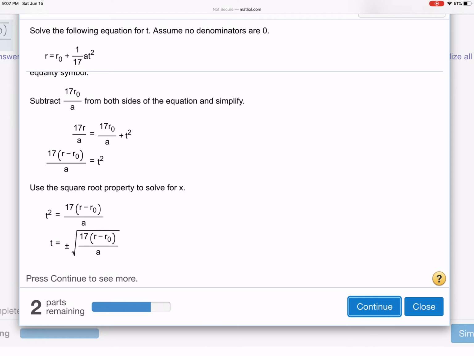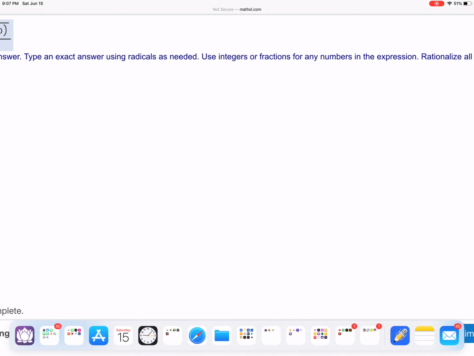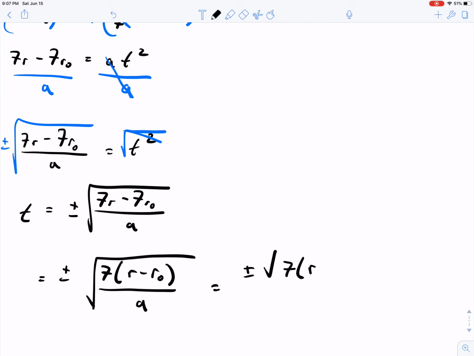So what's on the other one? Wait a minute. Oh, they rationalize. Okay, I see where I'm making my mistake. The way I have the answer, this is actually the same as plus or minus 7 times r minus r naught divided by the square root of a.